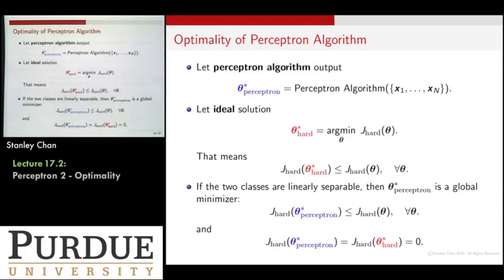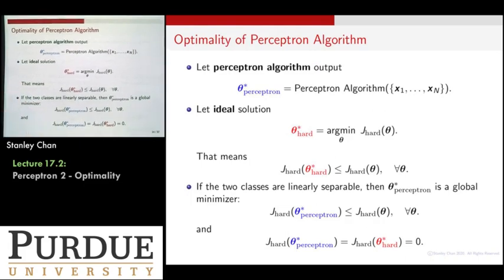What else? There's also a difference between what we want to solve and what we have solved. Remember that in the very beginning I mentioned that the perceptron algorithm is an algorithm to solve the soft perceptron loss. Ultimately, what we care about is the hard perceptron loss. Now, there's a gap between the two.